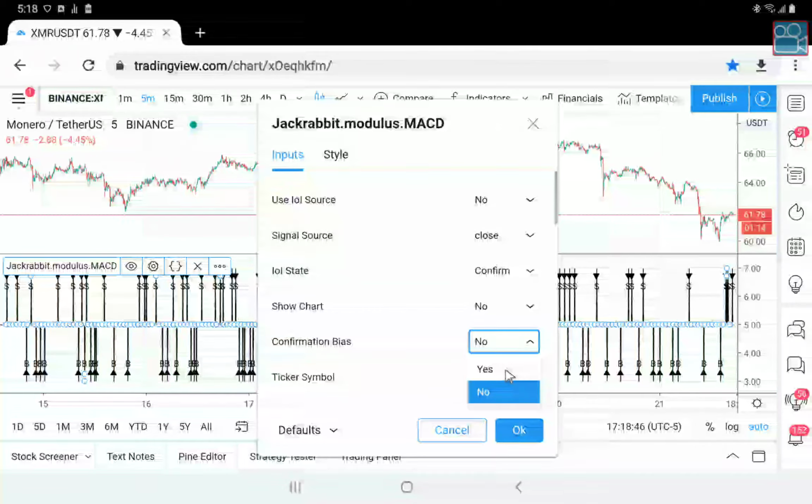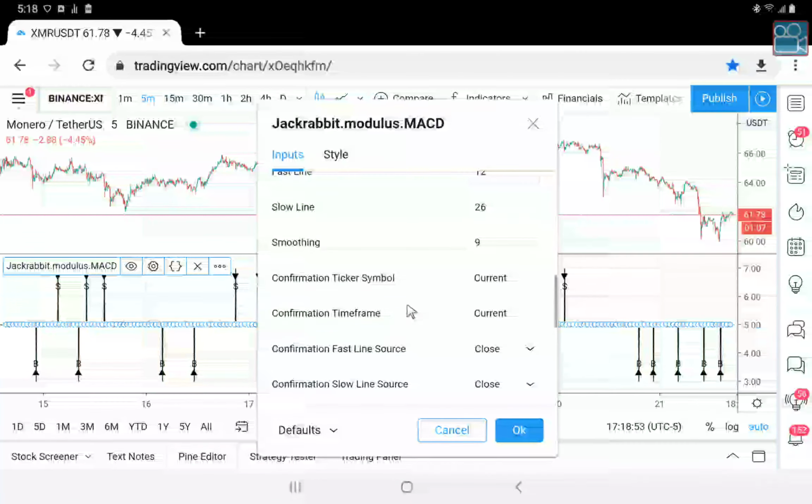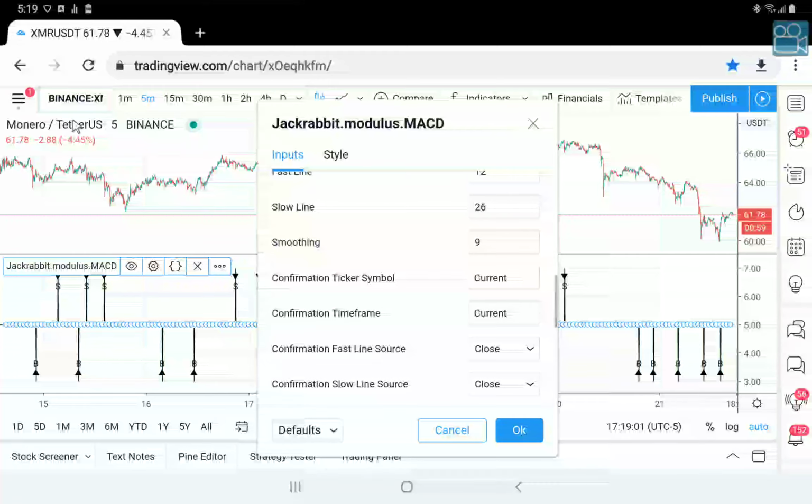I'm going to turn confirmation bias on. I'm not touching anything else. Now we already see it's updated. Signals between BTC and right now Monero.